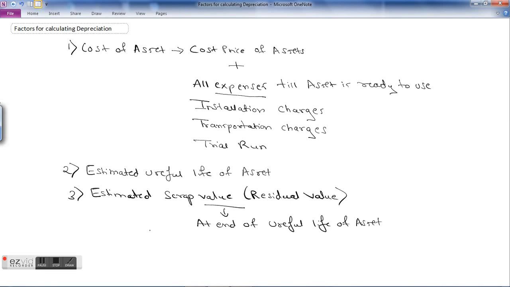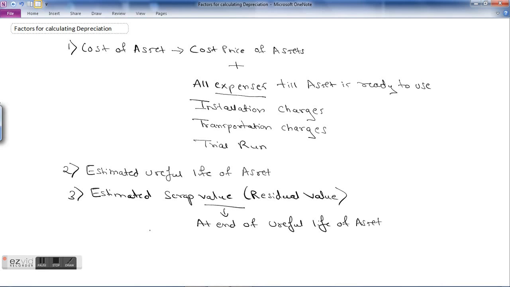By the end of the 10 years we will be selling the asset, so whatever amount is received for that asset at the end of the 10 years is the estimated scrap value, or you can also call it the residual value of the asset.